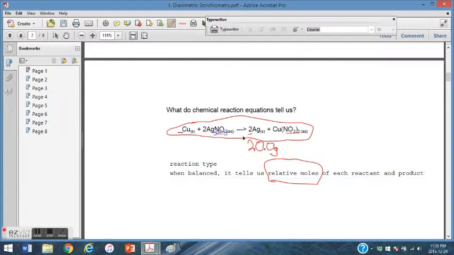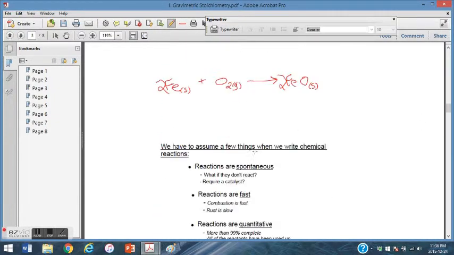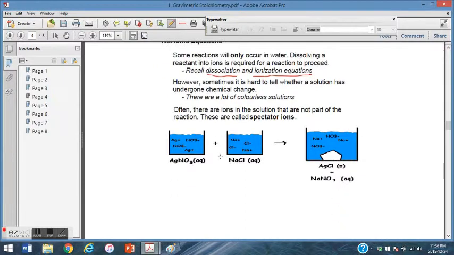This is sort of like the bodyguard who shows up but doesn't do anything. He's just standing there watching, or the chauffeur. He comes to the dance, drives silver to the dance, apparently drives copper home from the dance, but he's not actually doing anything. He's not dancing. Ions like that are called spectator ions.